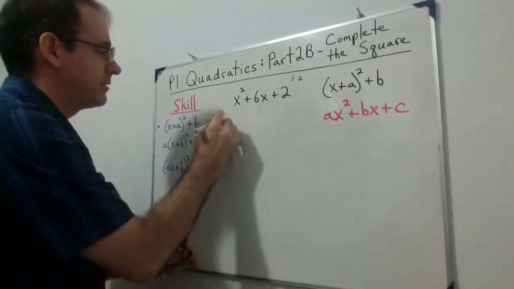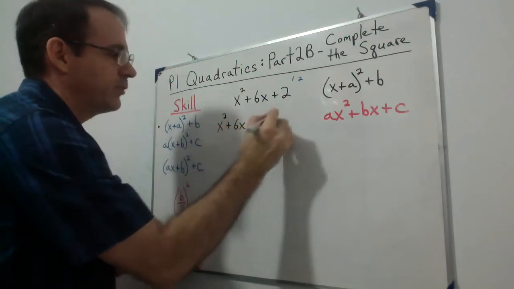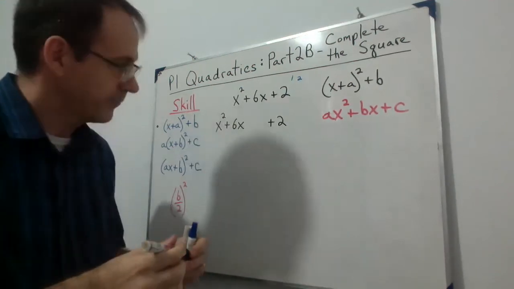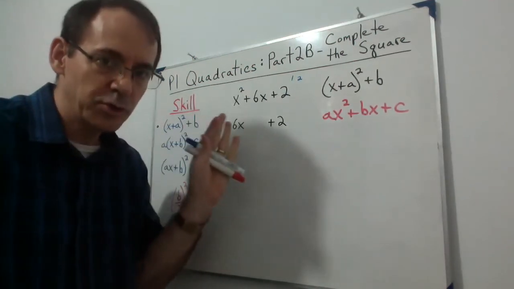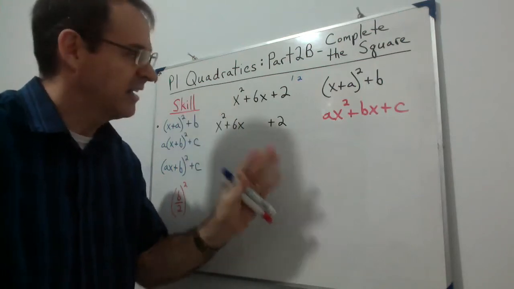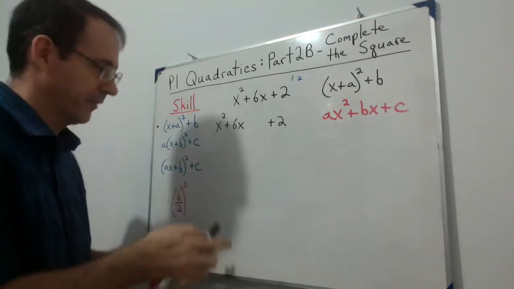We're going to write this as x squared plus 6x, and we're going to move the 2 over here because it doesn't work. That's very important, that you move that number to the side first thing right away. It's not a part of our complete the square process, okay?